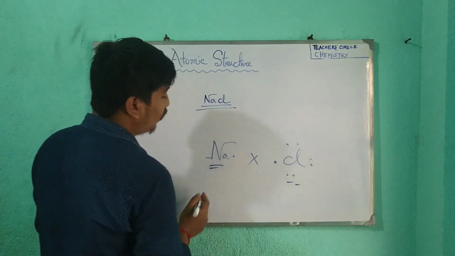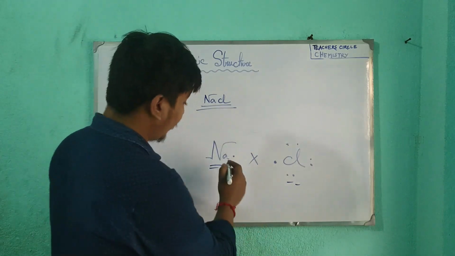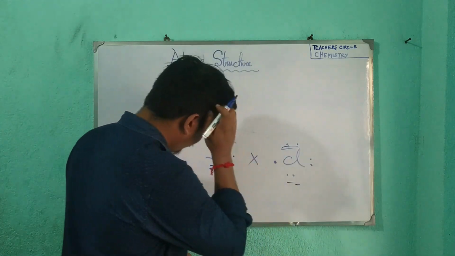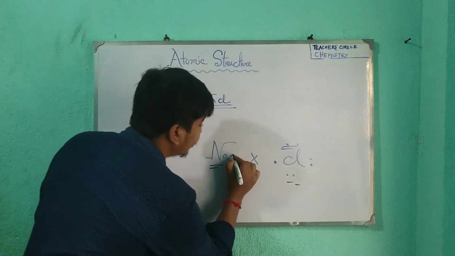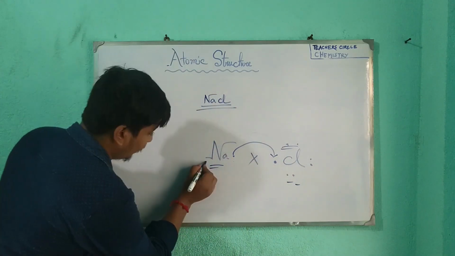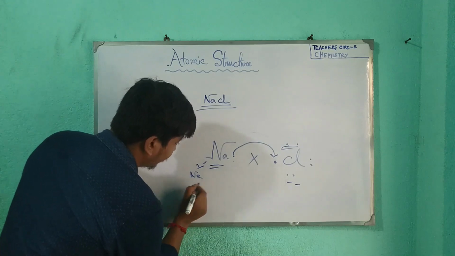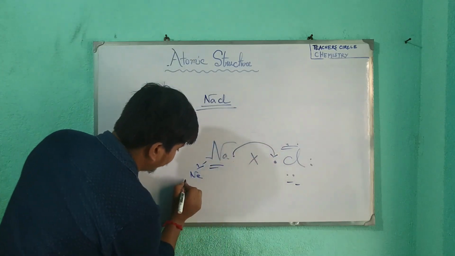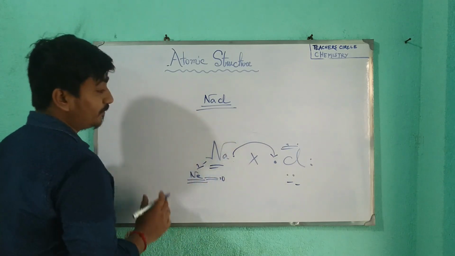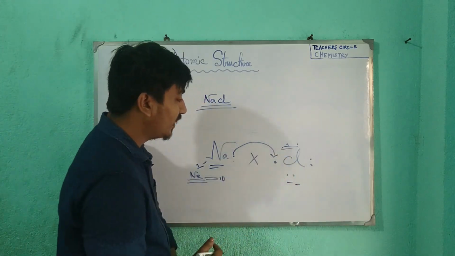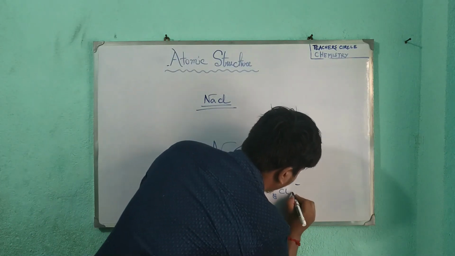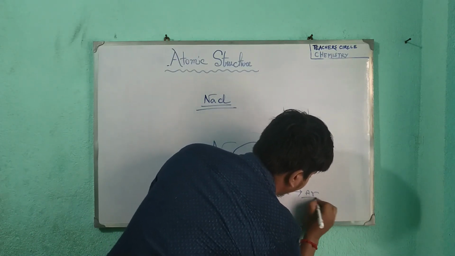For sodium, the number of electrons in the outermost shell is 1, and for chlorine the number of electrons in the outermost shell is 7. If sodium loses one electron, it will get the configuration of the nearest noble gas, neon, with 10 electrons. Chlorine gains one electron, so its number of electrons will be 18, and it will get the configuration of argon.